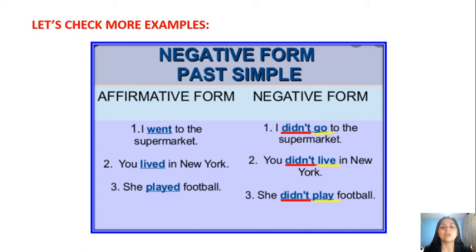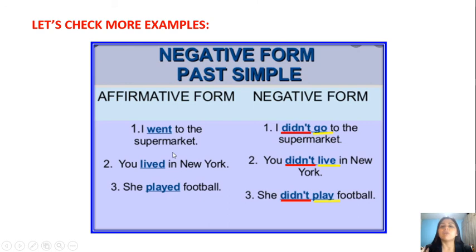And for all the verbs, regular and irregular, we use didn't. For example, this verb, went, the base is go: is it regular or irregular? Number two, lived: is it regular or irregular? And number three, played: is it regular or irregular?